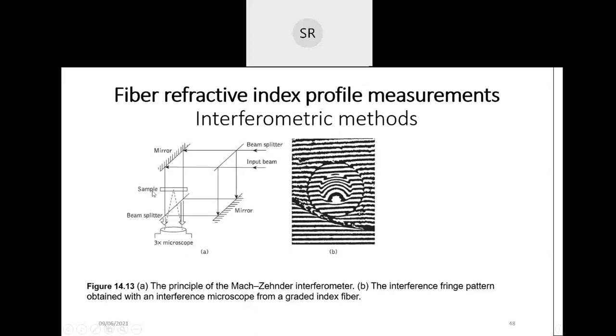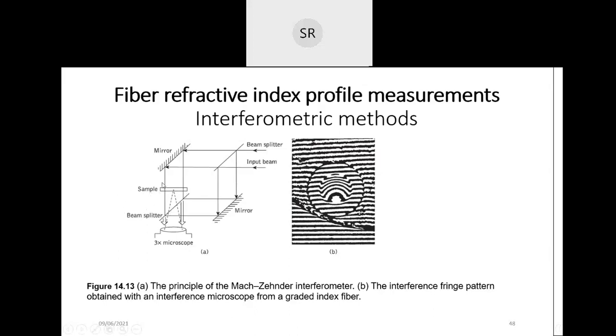This sample is created by taking a thin slice of a fiber, and the ends of that fiber are accurately polished to obtain a square sample.